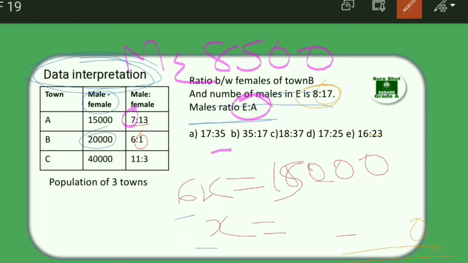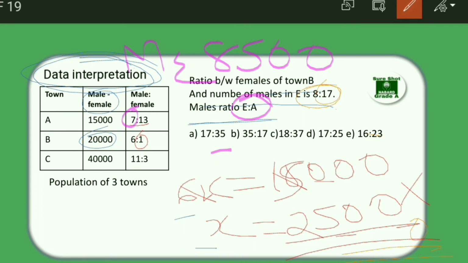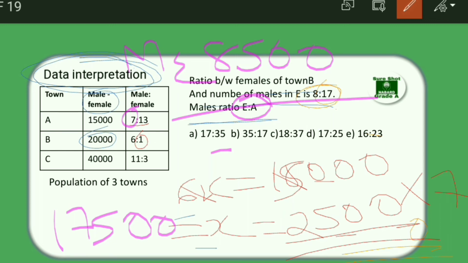X is here 2,500. Now the male is 7x, 7 into 2,500, which is 17,500.